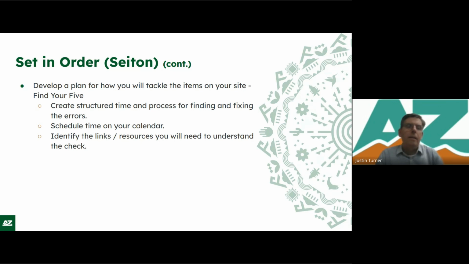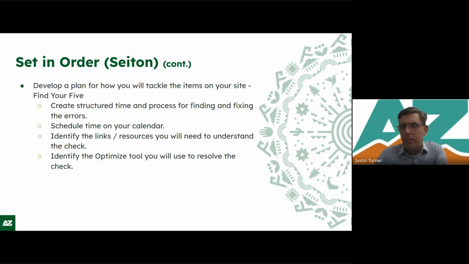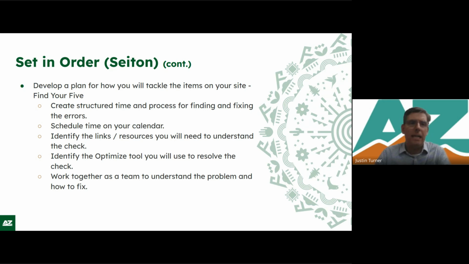And then make sure you've got all the resources you're going to need for that particular check. Do you all understand it? Do you have access to the tools you need to resolve the check? And of course, within Optimize, there are several different tools you can use to approach each check. So make sure you know what that check is.